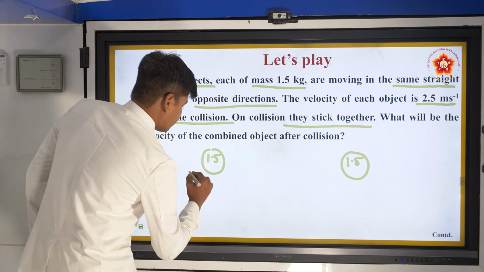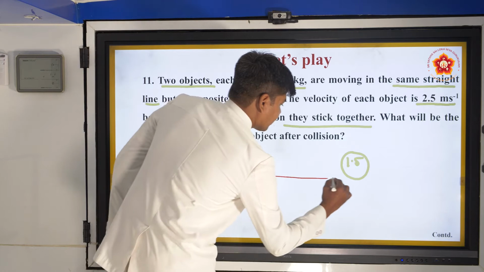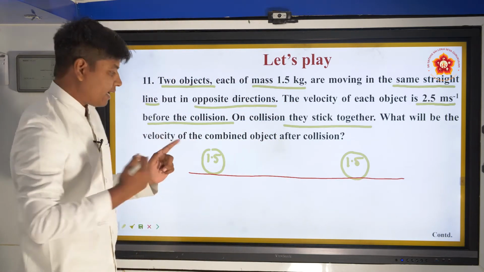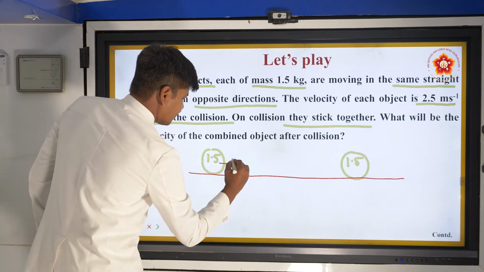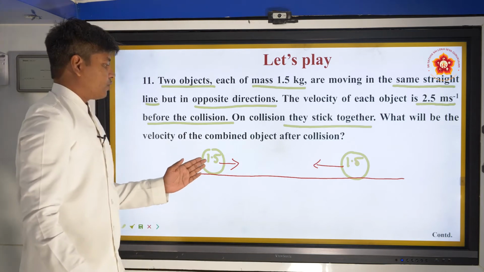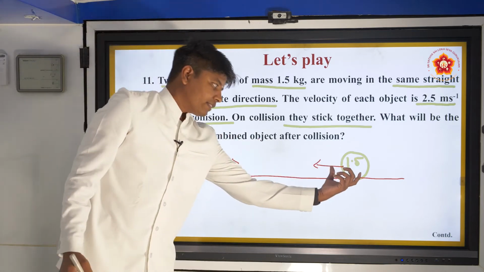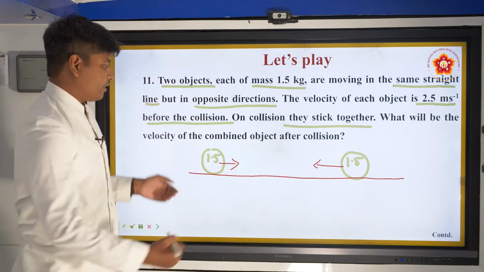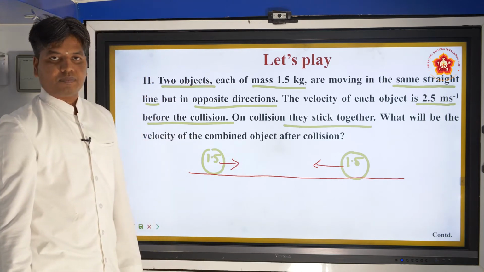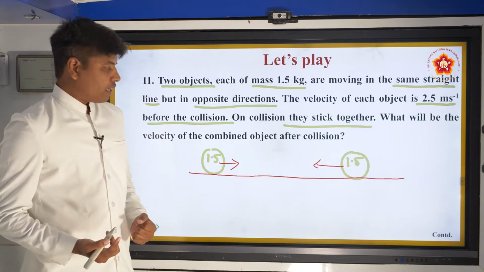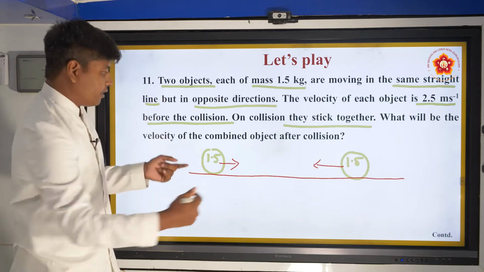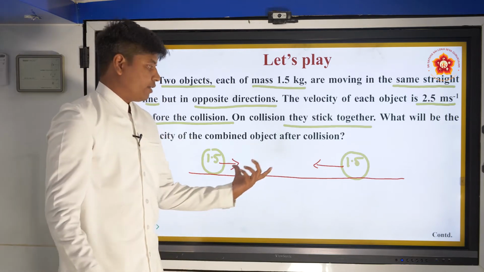So let us draw a straight line connecting them, and both are moving in opposite directions. This object is going in the right direction and this object is going in the left direction. They are going towards each other in opposite directions. They can also go apart, right? But in order to collide, they should go face to face.